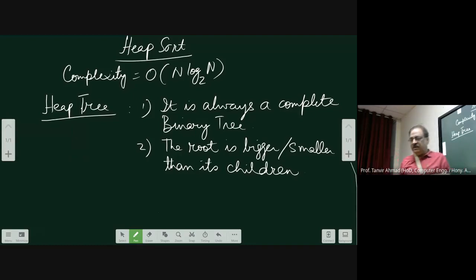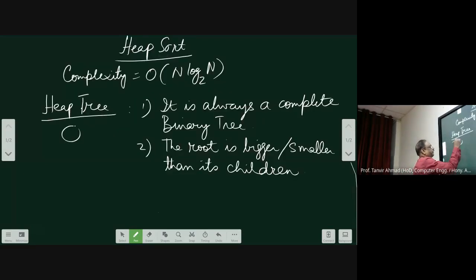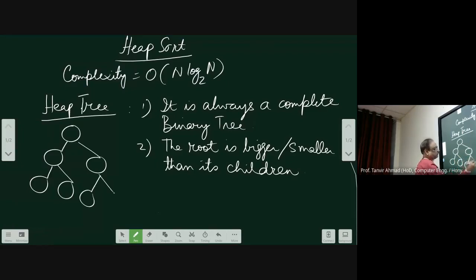Okay, that means I will have a tree which will be like this, or maybe I will have a tree which will be like this. Now this tree is a heap tree by the first property, but by the second property you have to put the data in such a way that this should not violate the heap property.